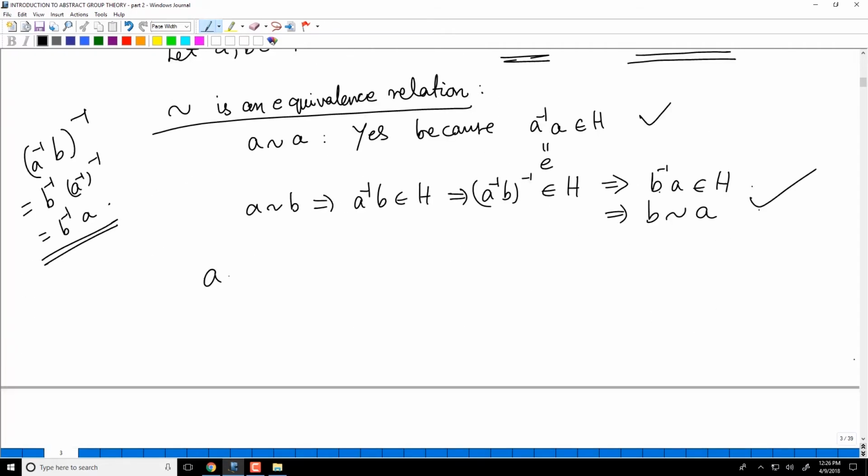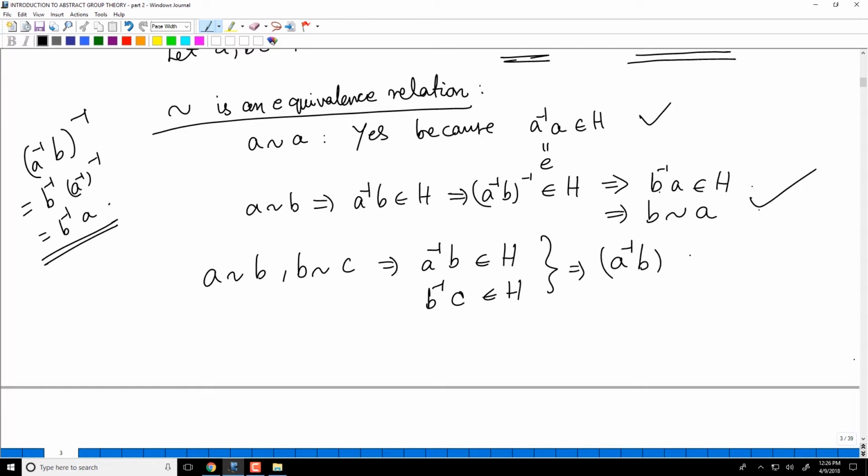Now let's take A related to B, B related to C. That means A inverse B is in H and B inverse C is in H. Because H is a subgroup, it is closed under multiplication.